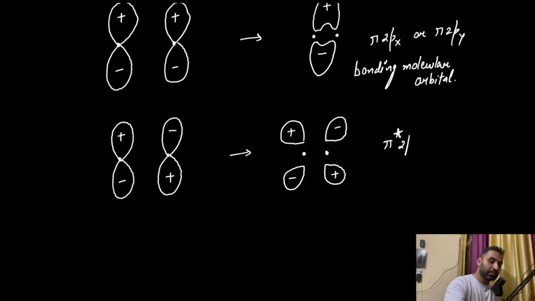Pi star 2px, or we can say pi star 2py, and that's the anti-bonding molecular orbital.